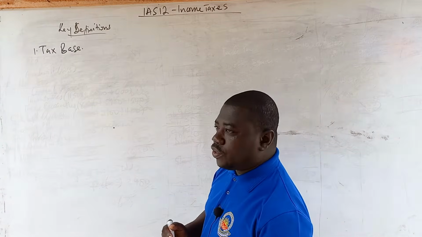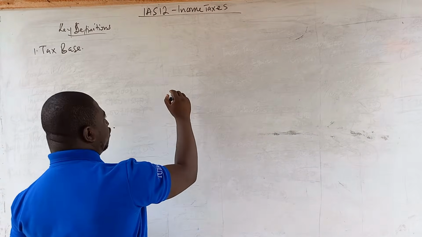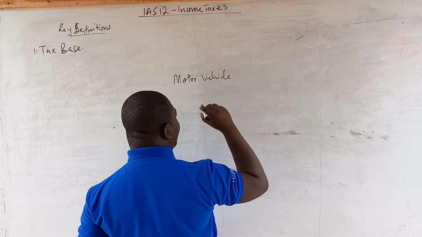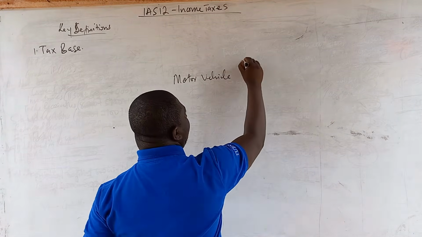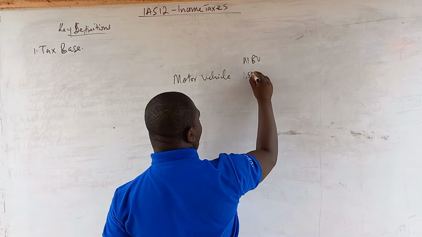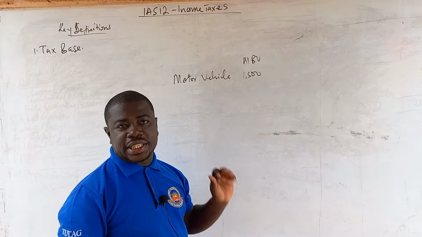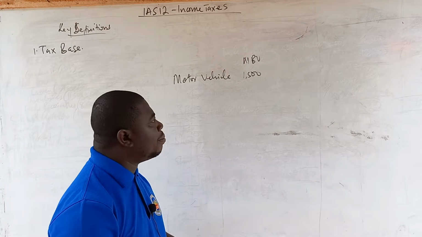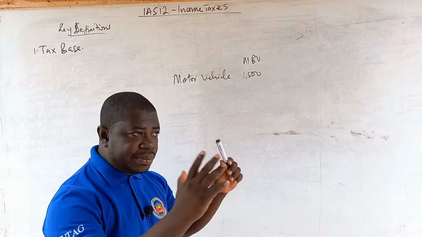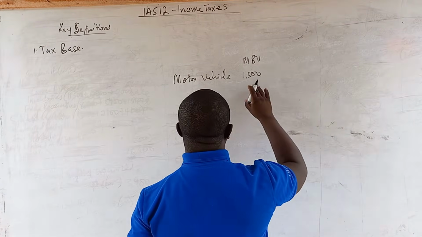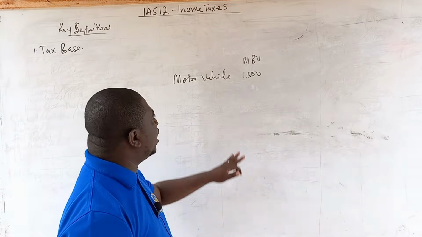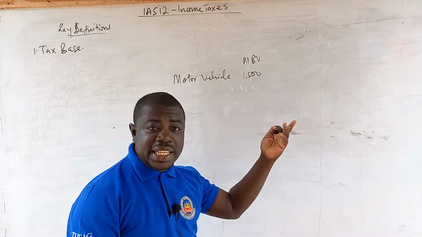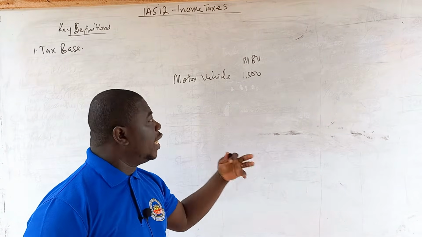Let me make it practical for you. If I have, let's say, a motor vehicle in my books, the net book value of the motor vehicle can be 1,500. This is the net book value that I know. When the revenue authorities want to assess my tax for the period using my assets and liabilities, they will also look at it and think that 1,500 is either more or less than what they see the asset to be, in terms of the value they will assign to the asset.